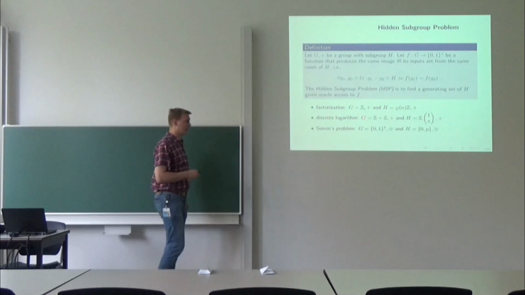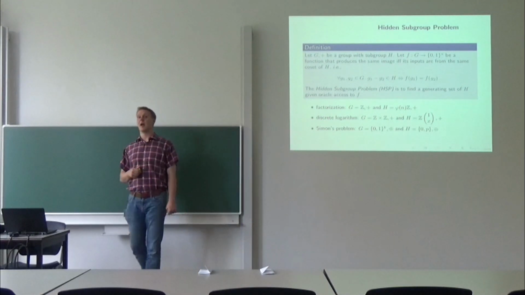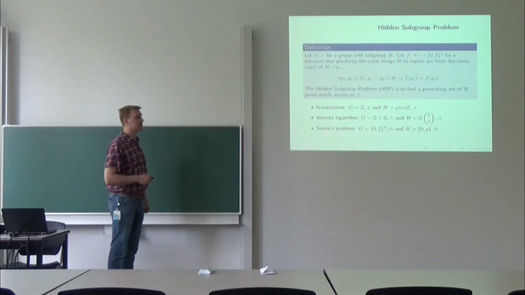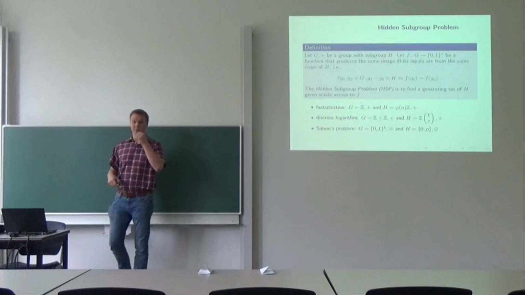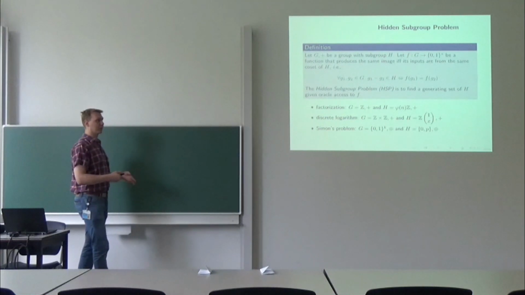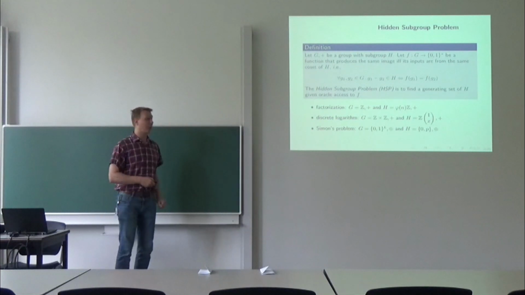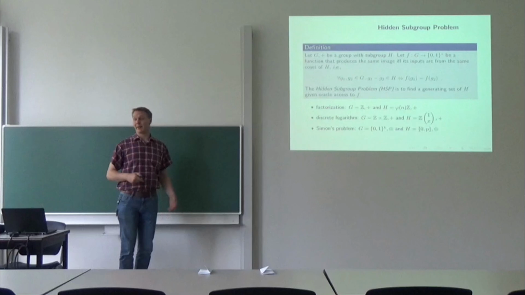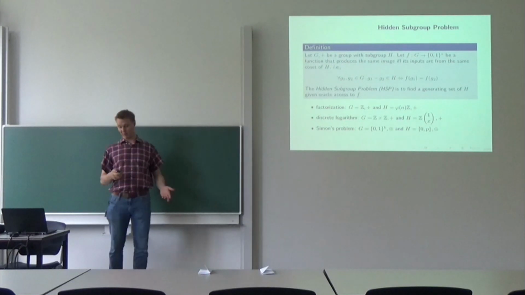Also, the discrete logarithm problem can be phrased in this language, and actually Simon's problem was there before Shor's algorithm was. So really the first instance of a quantum algorithm that solves an instance of the hidden subgroup problem was Simon's problem, but at the time we didn't know any practical applications of Simon's problem.